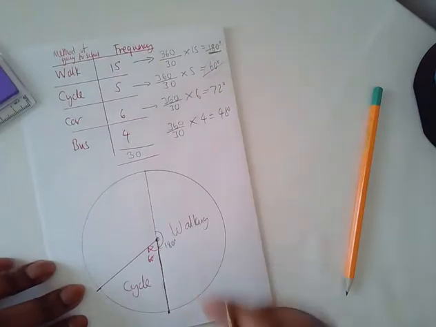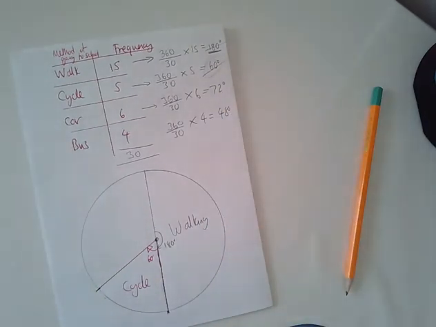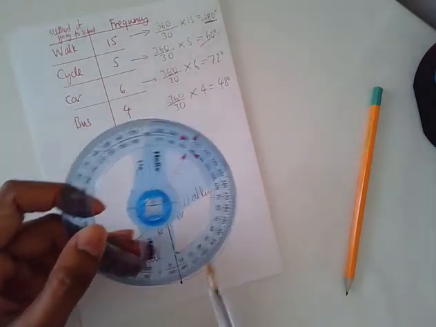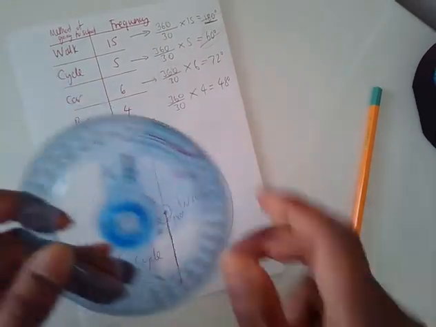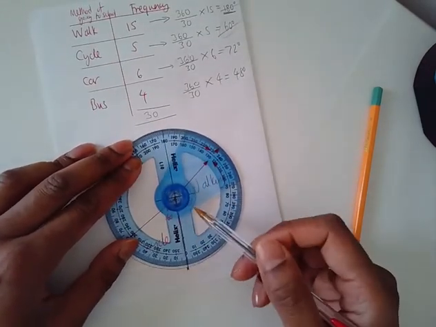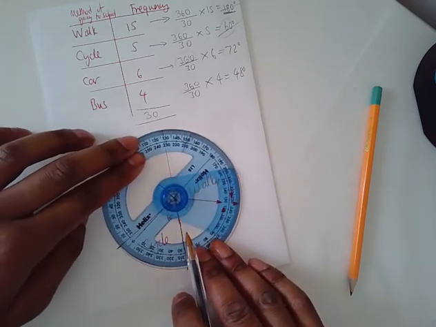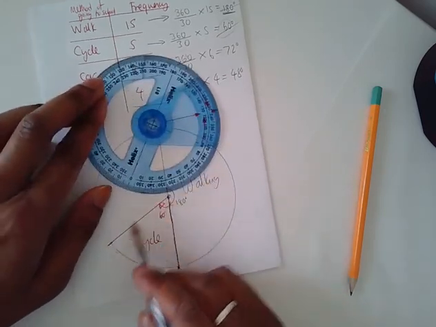Right, that one's done. I've got the 72 now. 72 degrees. So once again, put the center of the protractor on the center, on the dot. But this time, the 0 degree has to line up with this new line that I've just created. See this new line? That's my new line.